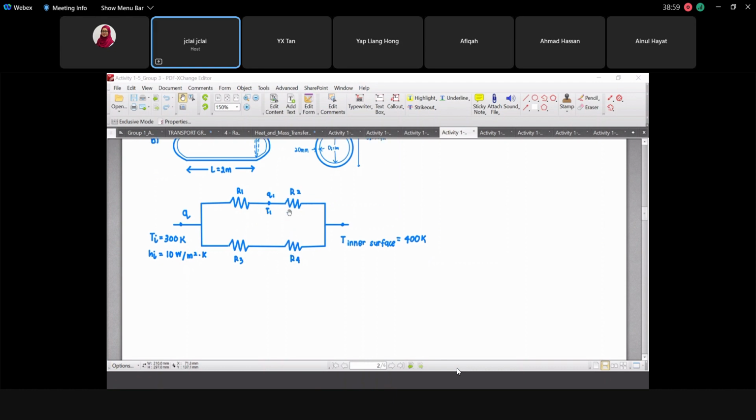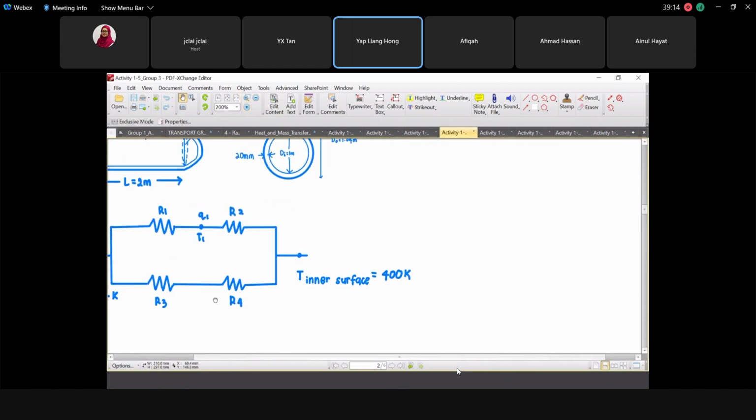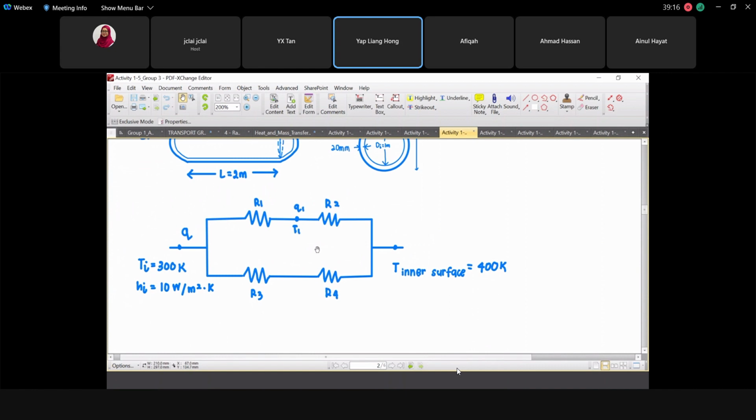Liang Hong, have you tried solving that numerically using this circuit diagram? Try. On the way, doctor. It's okay. I did that before. It gives me a similar answer. So I guess this is the correct circuit diagram. That's why I asked Yishun just now.